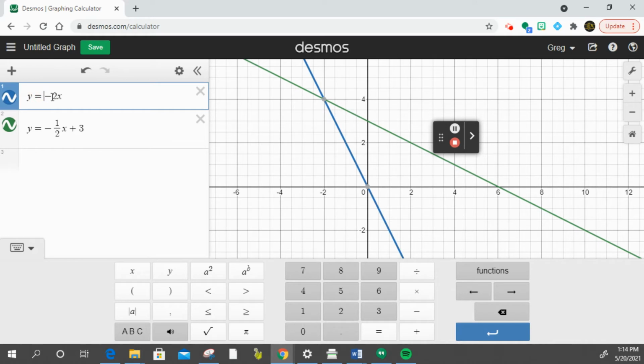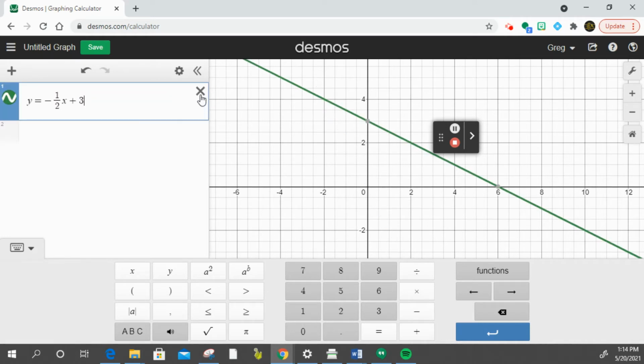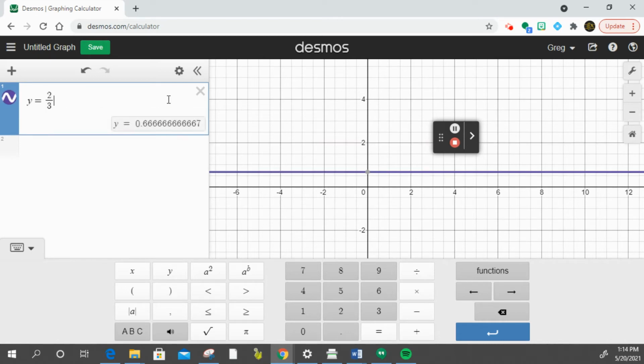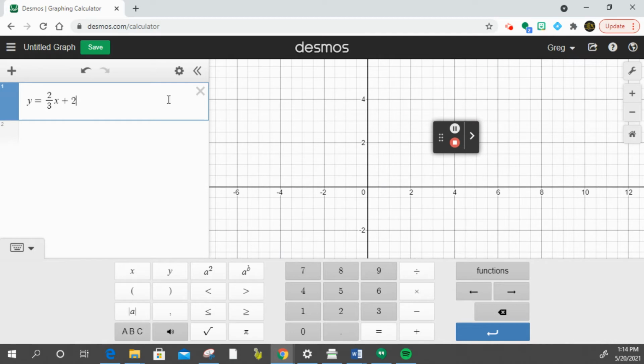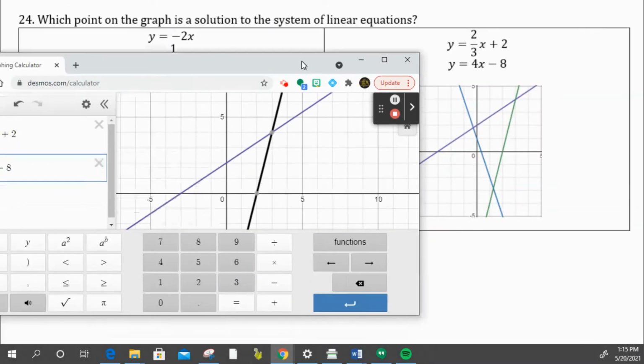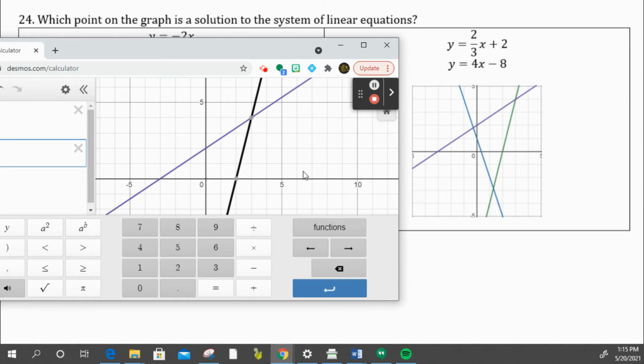Let's do the next one. Let's clear these out and start from scratch. We have y equals 2/3 x plus 2. And our next one is y equals 4x minus 8. Let's go ahead and minimize this and see which guy doesn't belong.